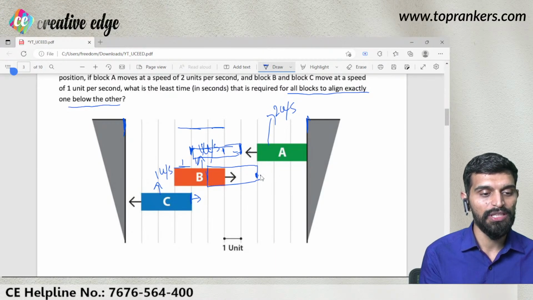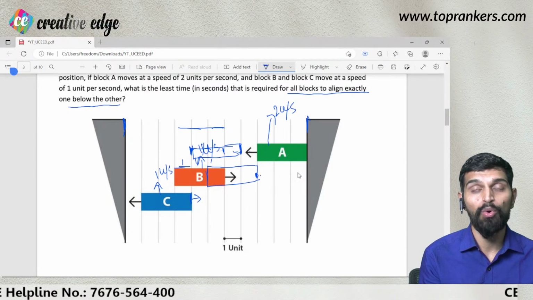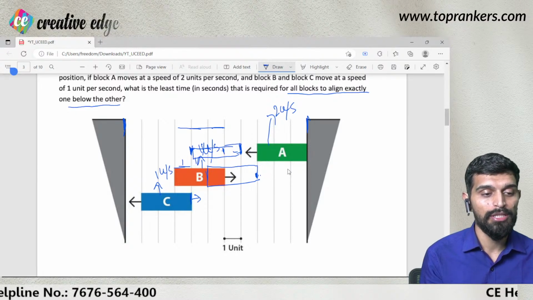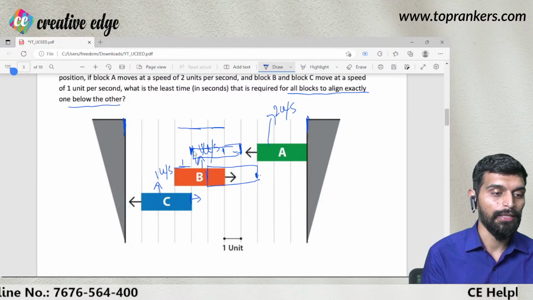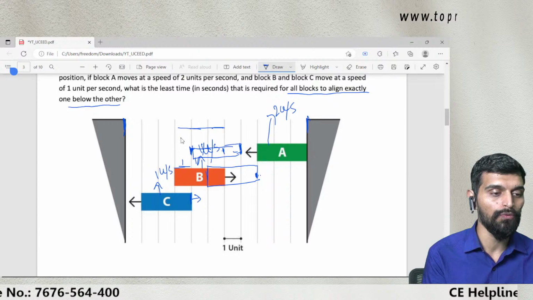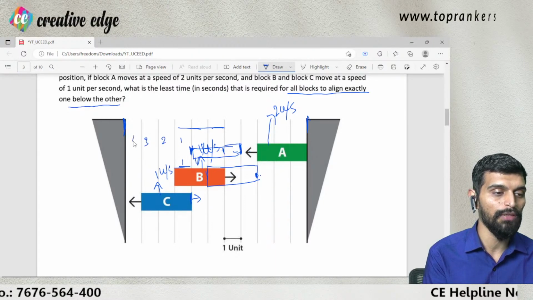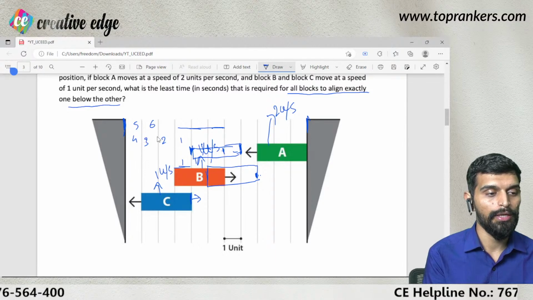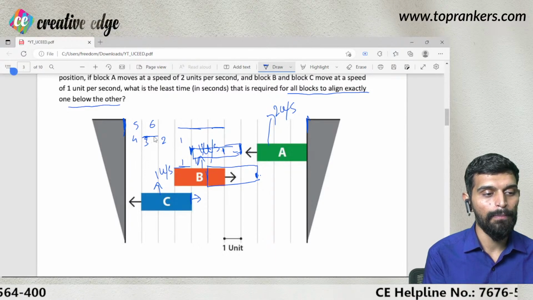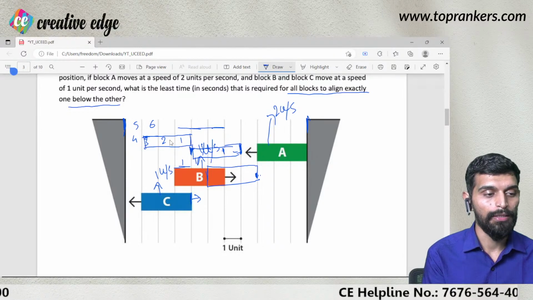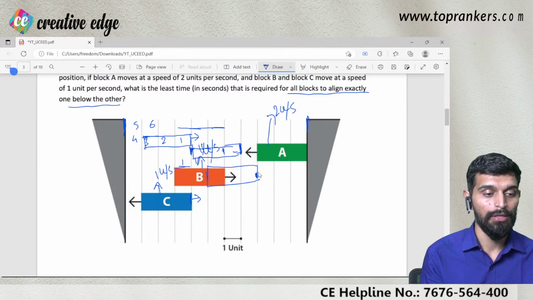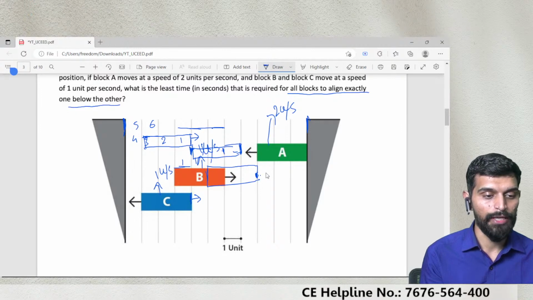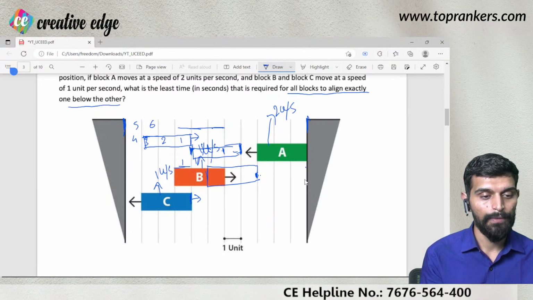After 3 more seconds, because then what I want is this B to come back. In the next 3 seconds, A will move 6 blocks, 1, 2, 3, 4, then 5 and 6. So A will be here, moving in this direction. After 3 more seconds, B will be here at this end.